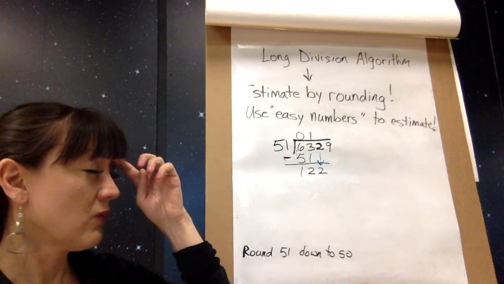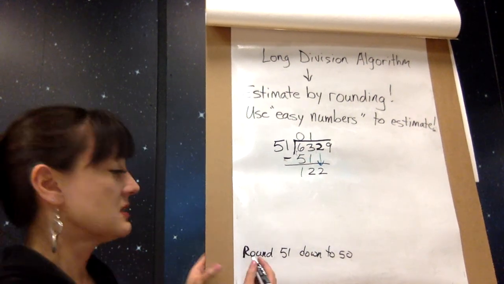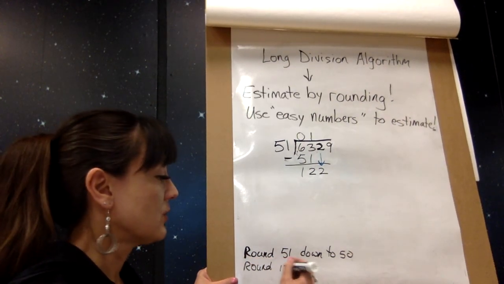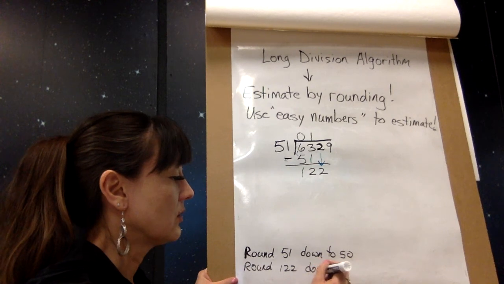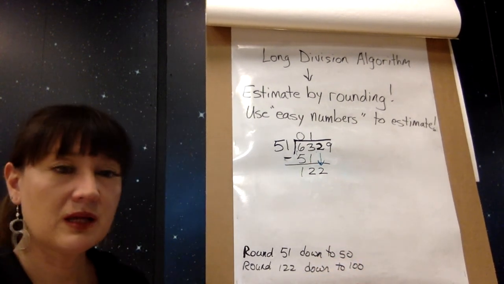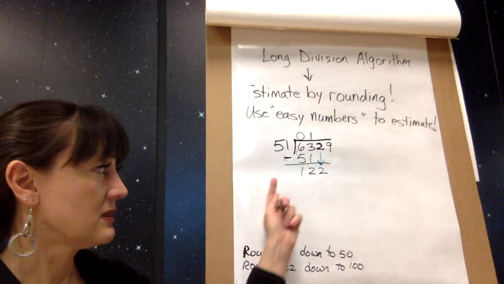And I look at the number 122, and an easy number that would fit with 50 would be 100. So I'm going to round 122 down to 100.